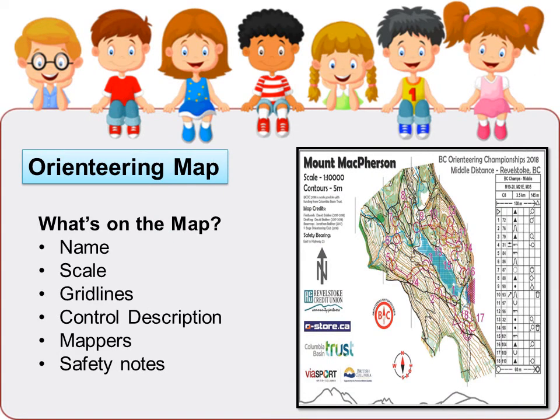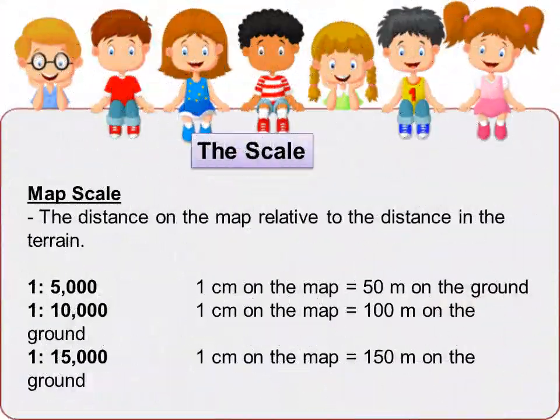What's on the map? It has the name, scale, grid lines, control description, mappers, and safety notes. Now let's proceed to the scale. A map scale is the distance on the map relative to the distance in the terrain.